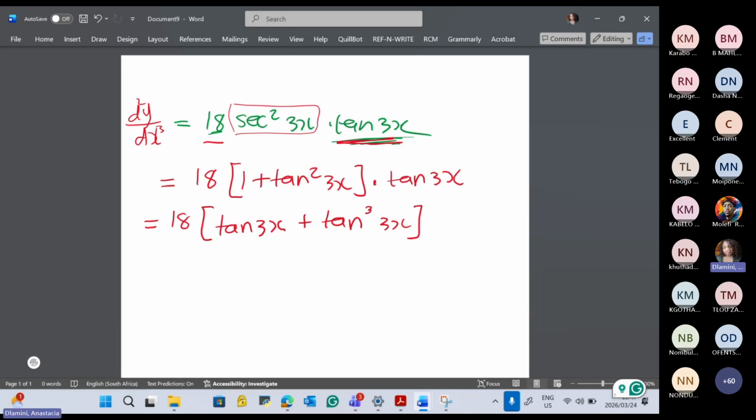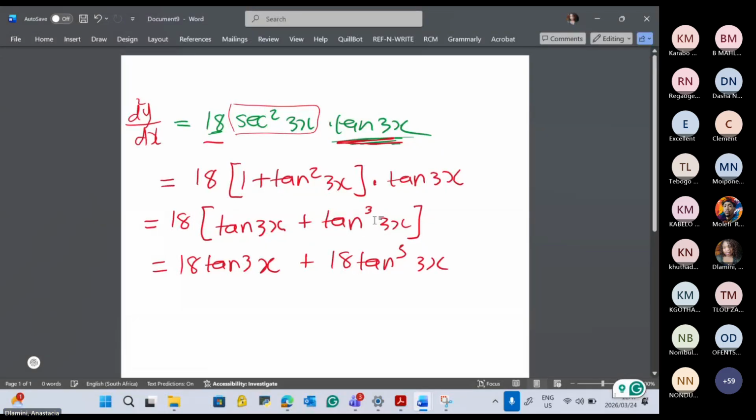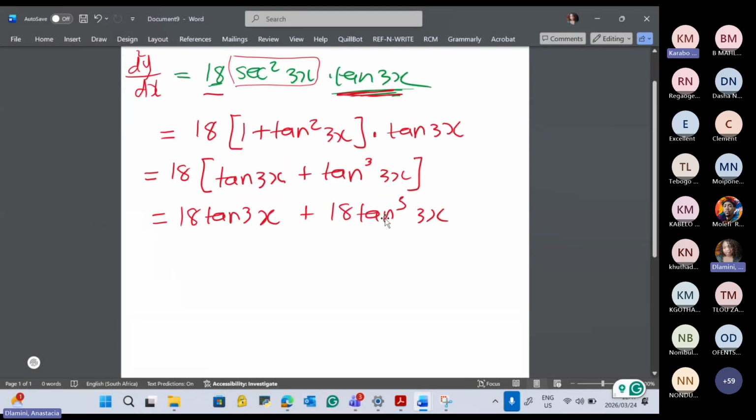So then this will be equal to, oh sorry, this is the second derivative. So this will be equal to 18 tan 3x plus 18 tan cubed 3x. So what is the third derivative then?